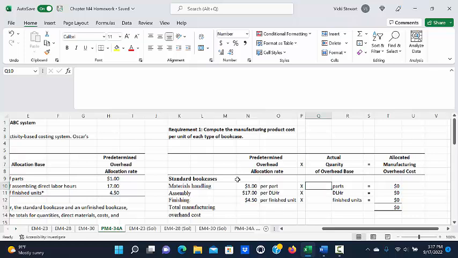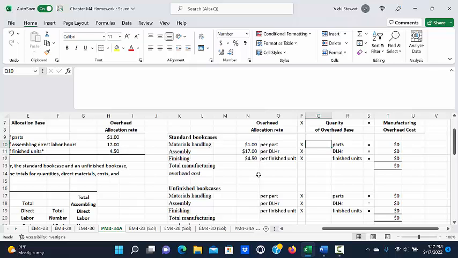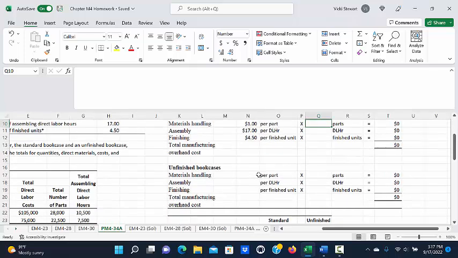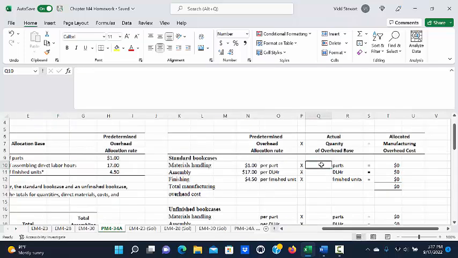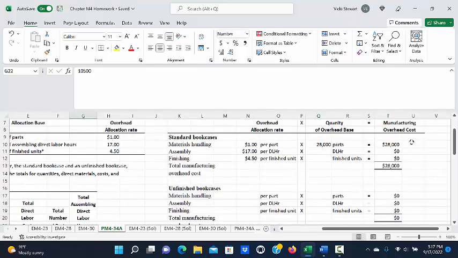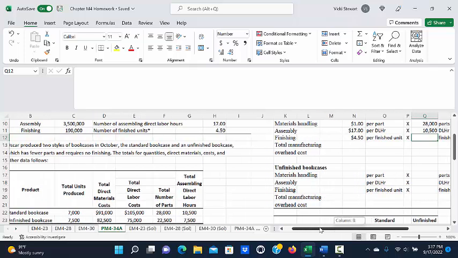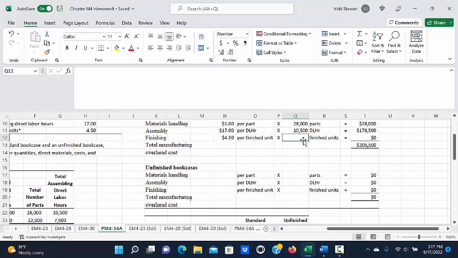So those predetermined rates, we're going to multiply by the actual quantity of the overhead base. So we see that for the standard bookcase, we had 28,000 parts that were used. So that will be that number. And then we see that they had 10,500 direct labor hours in assembly, and we know that they actually completed 7,000 units for the finishing.